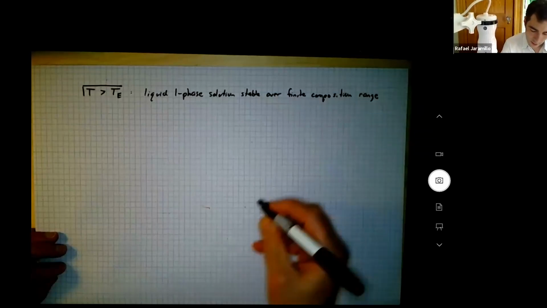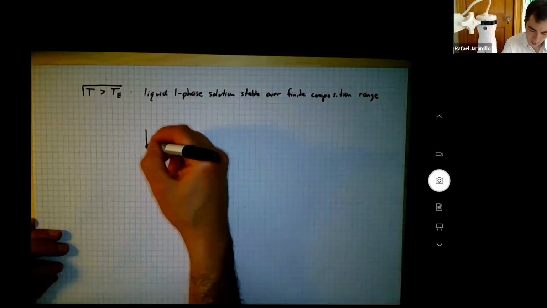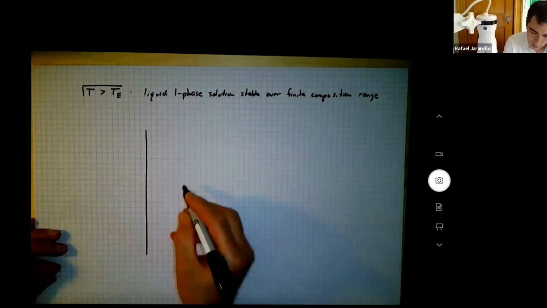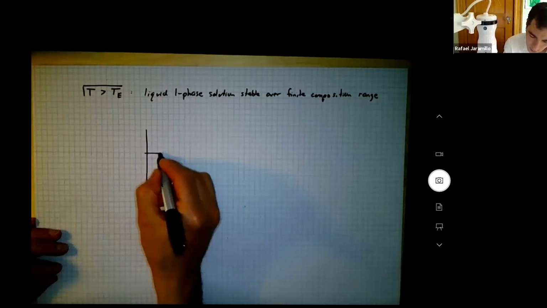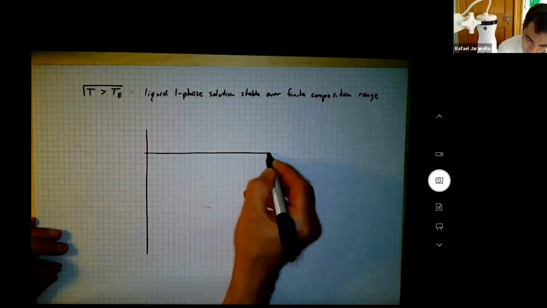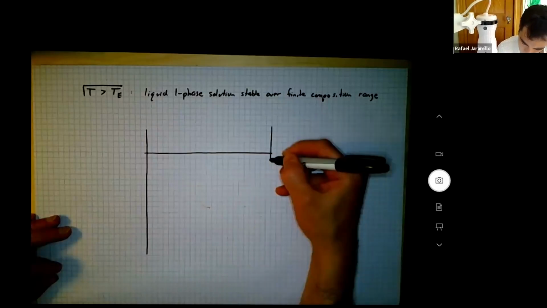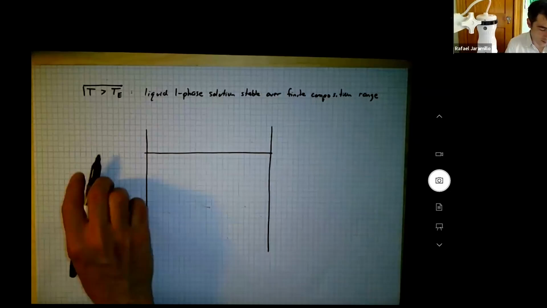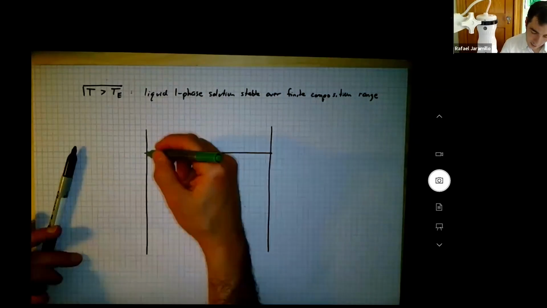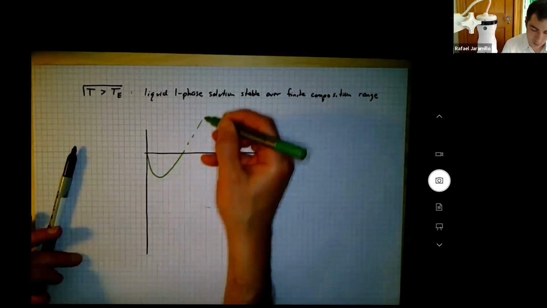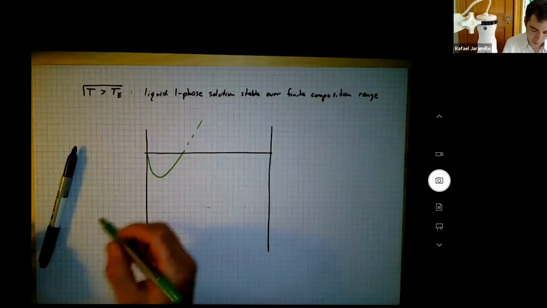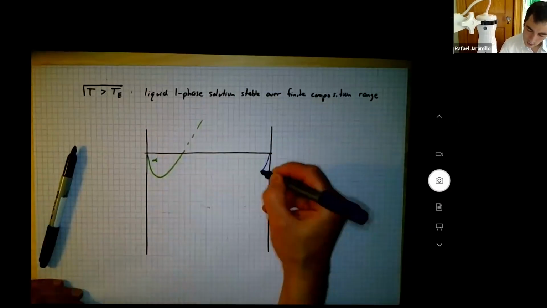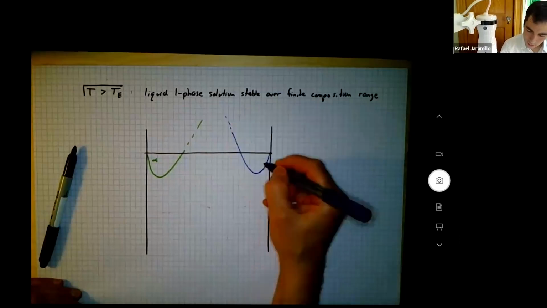What does that look like? So I'm going to again have a little alpha region. Alpha. I'm going to have a little beta region. Beta.